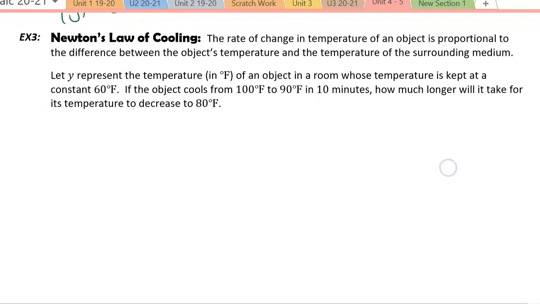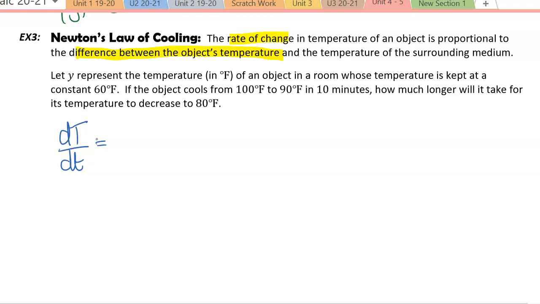Newton's law of cooling says the rate of change in temperature of an object is proportional to the difference between the object's temperature and the temperature of the surrounding medium. So let's take that first: the rate of change in temperature, dT/dt.